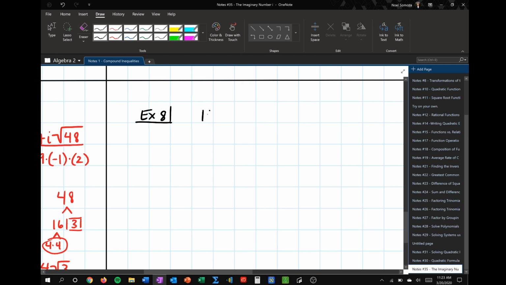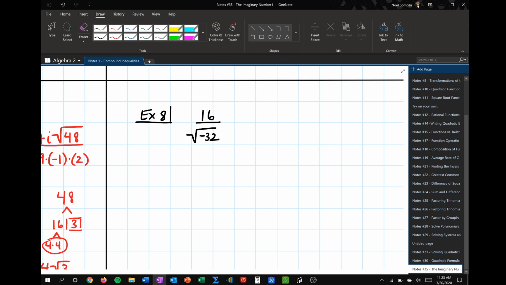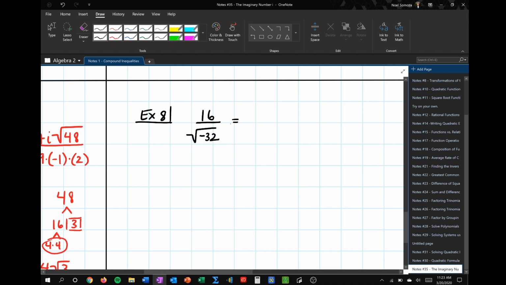Let's try 16 over square root of negative 32. Okay, so in this case I got 16 all over square root of, remember to convert, right?